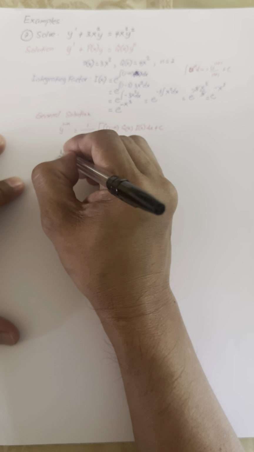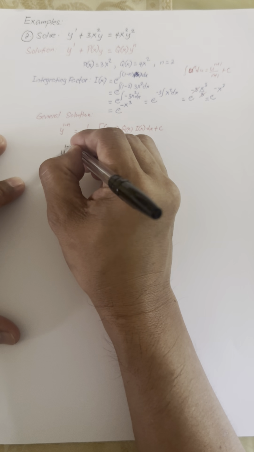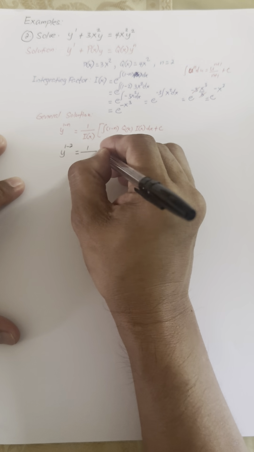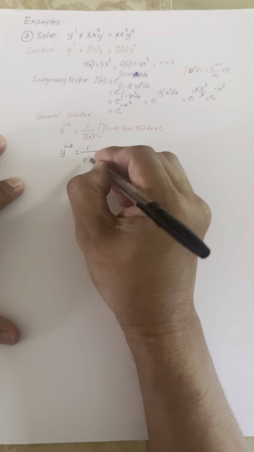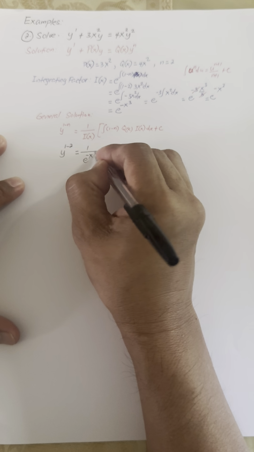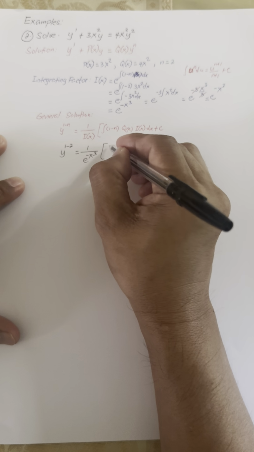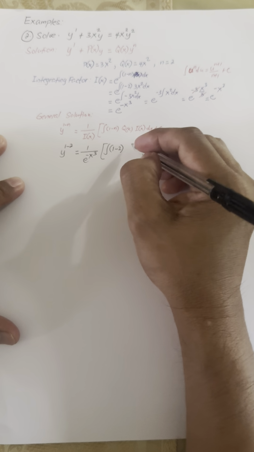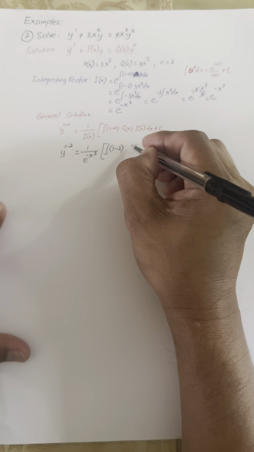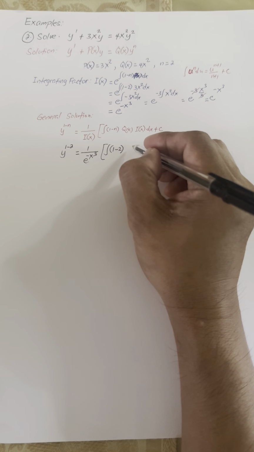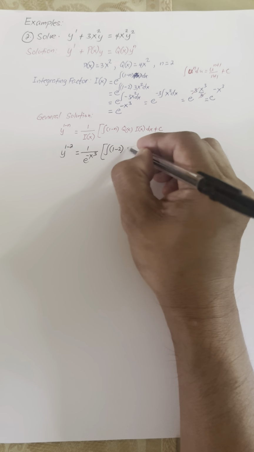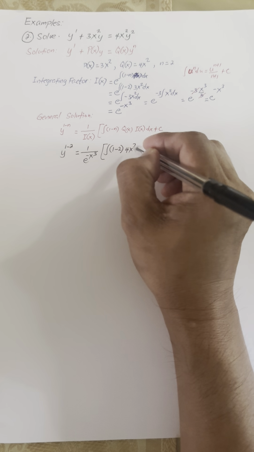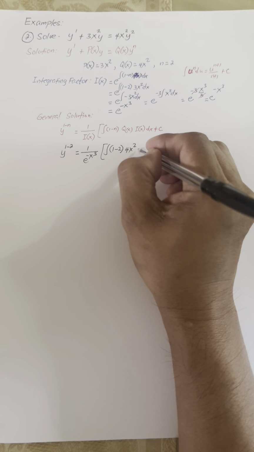So we have y raised to the power 1 minus n, where n is equal to 2, equal to 1 over I of x, which is equal to e to the minus x cubed, then times the integral of the quantity 1 minus n, our n is equal to 2, times q of x, where our q of x is equal to 4x squared, then multiplied by I of x.